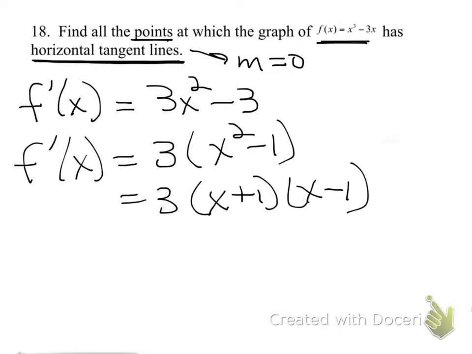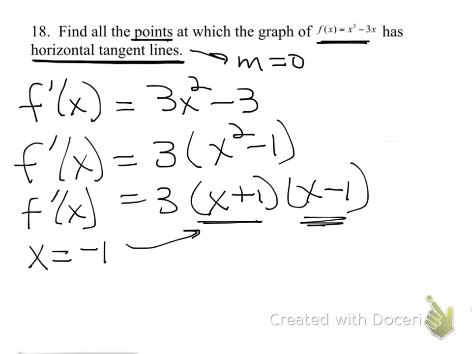So this slope will be 0 where this factor equals 0 or where this factor equals 0. So my answers are going to be either where x is negative 1, and that's from this factor, or where x is positive 1, and that's from this factor.